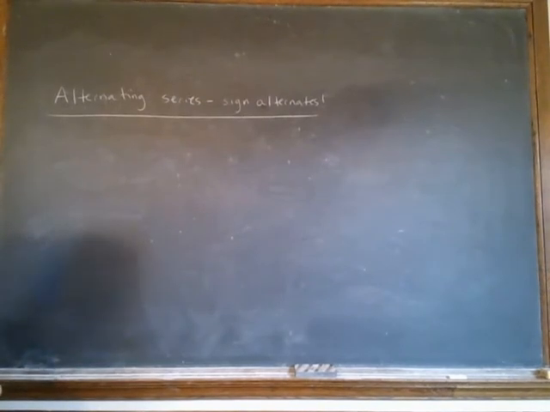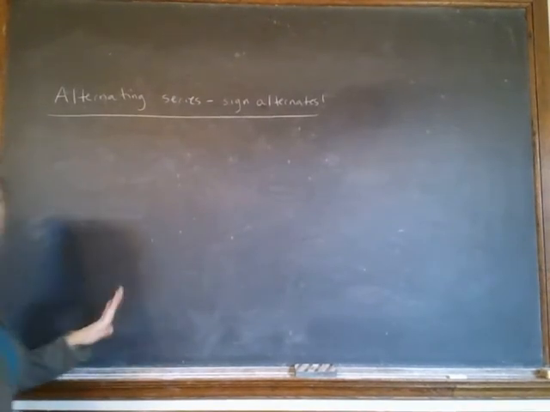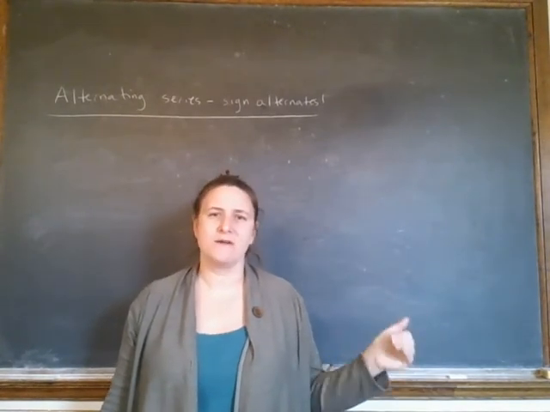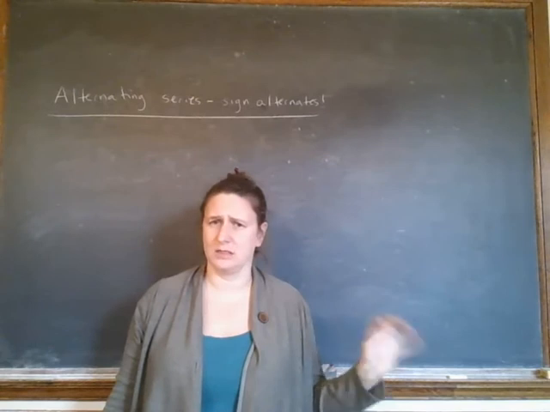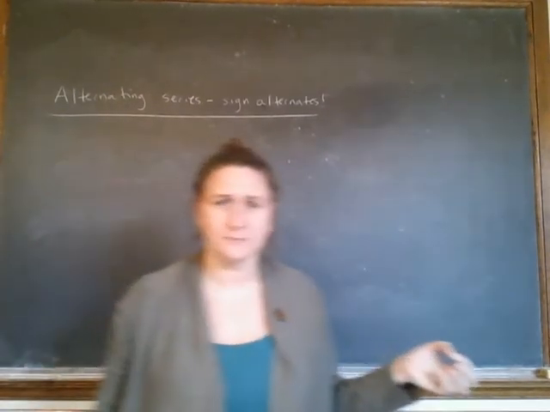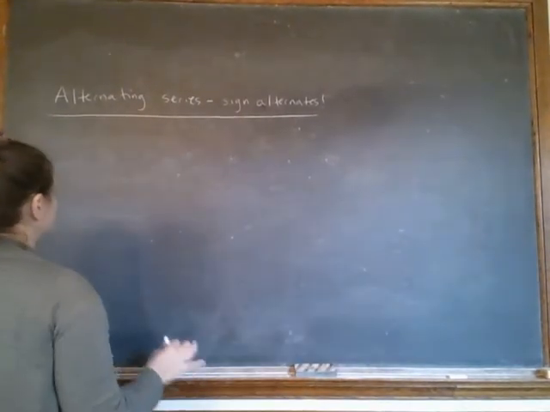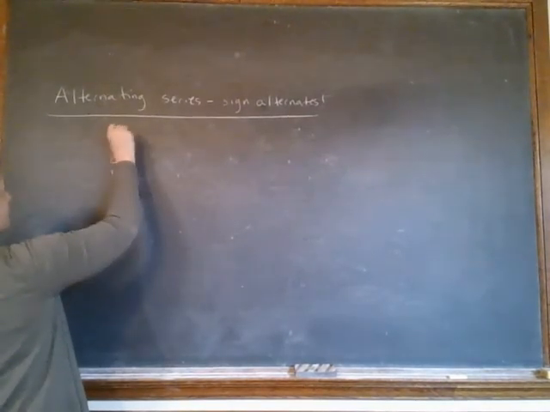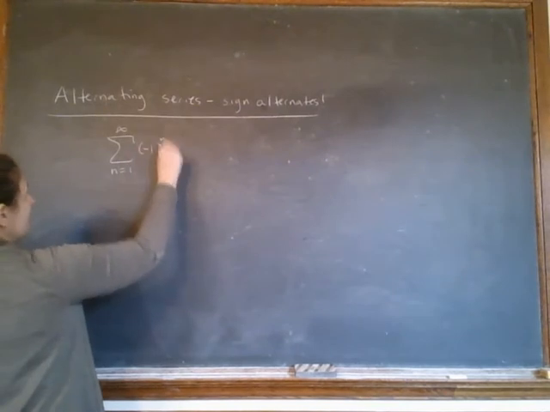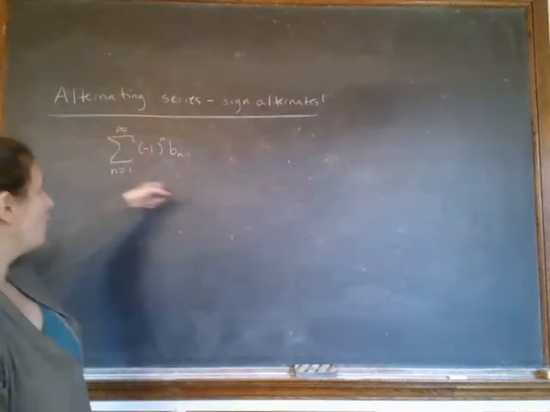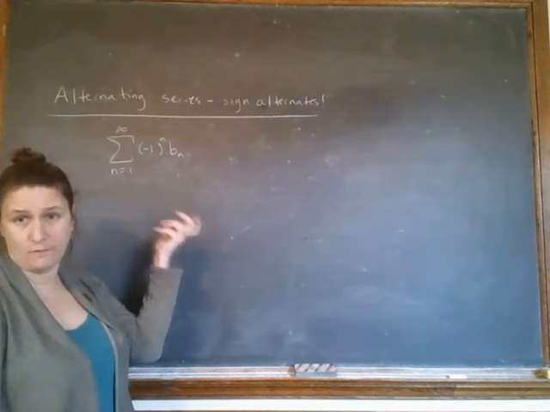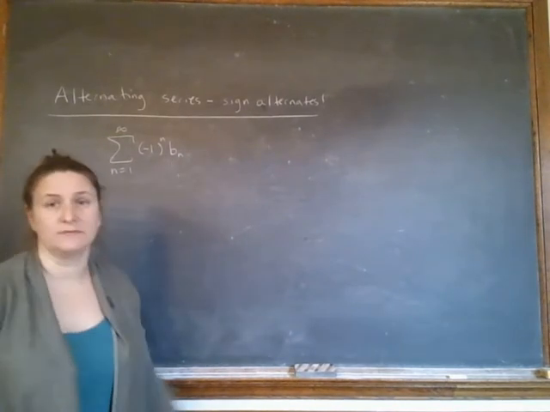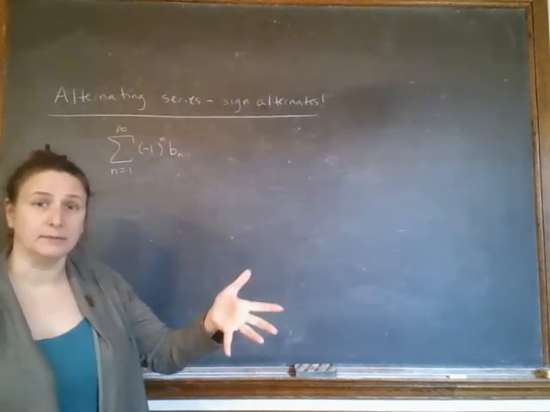What your book does, and do be careful, especially if you're looking online, not every book uses the same letters, so it can be confusing. What he likes to do is write it as (-1)^n times b_n. So this whole thing is your a_n term from before, but the b_n is strictly positive, so he's breaking off the sign.